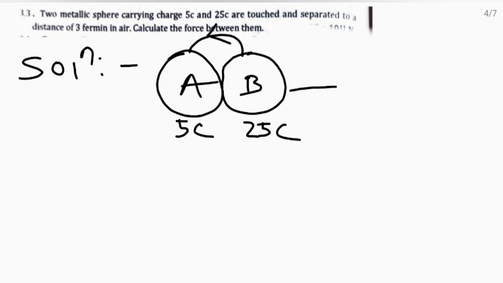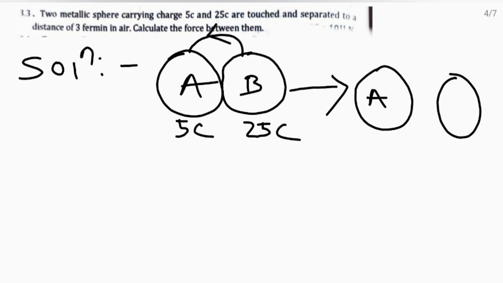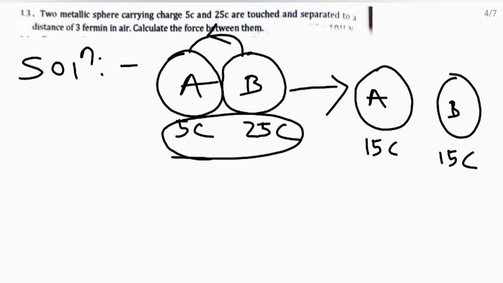As a result, after contacting, charge shared by them will be the same. So A will now have 15 coulomb and B will also have 15 coulomb, because before contacting, total charge is how much? 5 plus 25, 30 divided by 2. It's simply 15 coulomb.